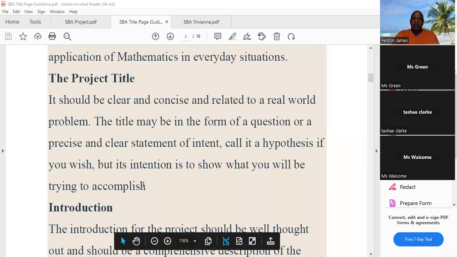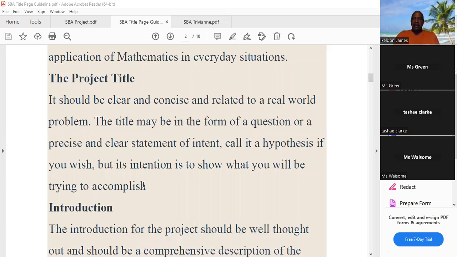Now, so it is not two things that your title should have, but one out of two things. The title can either be a question or it can be a declarative statement. All right. So if you, for instance, can somebody give me an idea of your SBA topic? Would someone share their SBA topic?